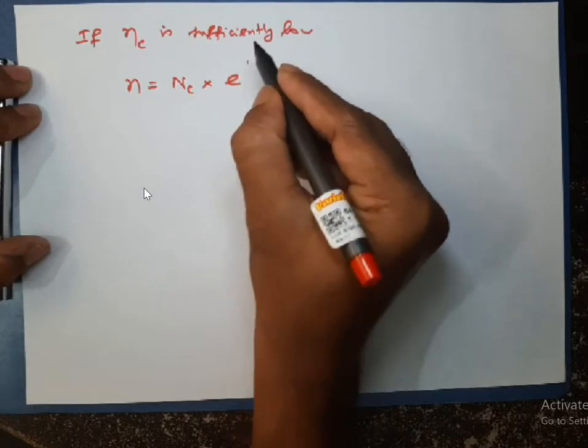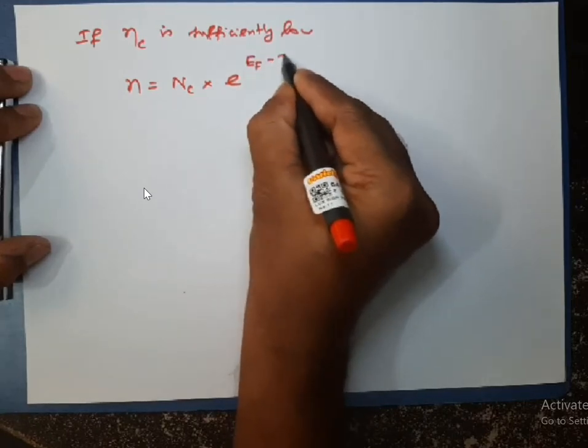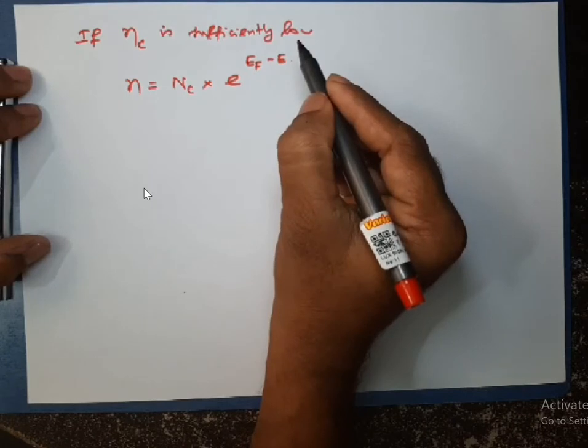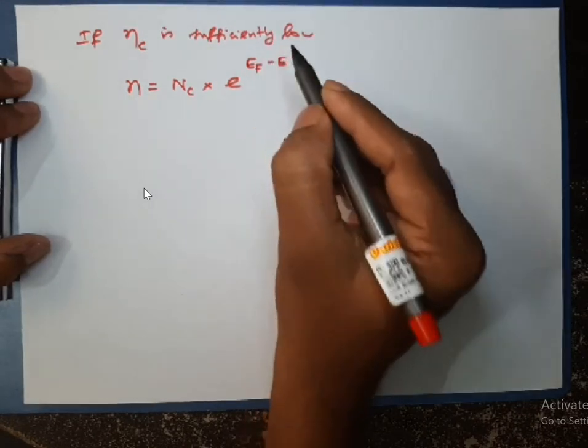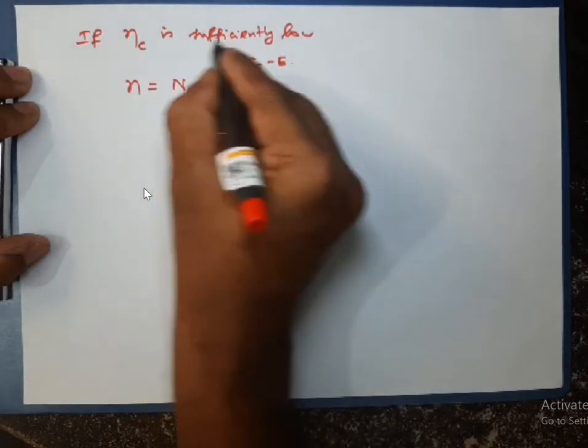What is eta? Eta is (EF minus EC)/kBT, correct? Eta is nothing but, I'm sorry, eta_c. Yeah, eta becomes eta_c because we are calculating eta_c.